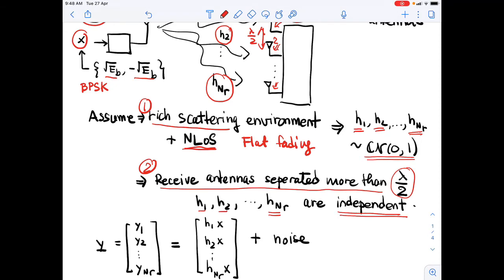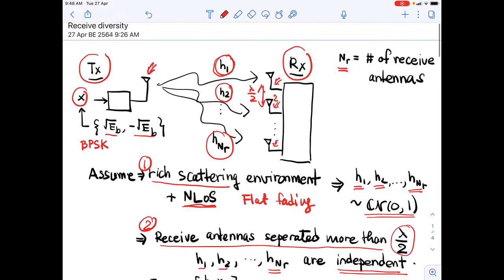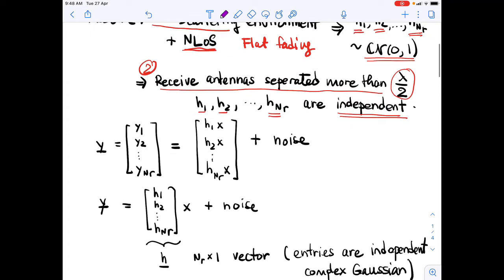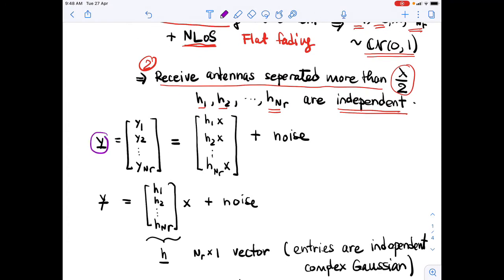Now we're gonna look at what happened. So we are sending X to the transmit antenna. This gonna get multiplied by different links, and then we're gonna get to all these receive antennas. So at the receiver, the receive vector consists of the receive symbol at the first receive antenna, that's gonna be y1, second receive antenna, that's gonna be y2, to y subscript NR.